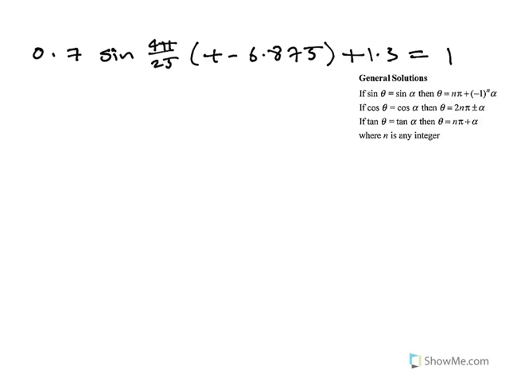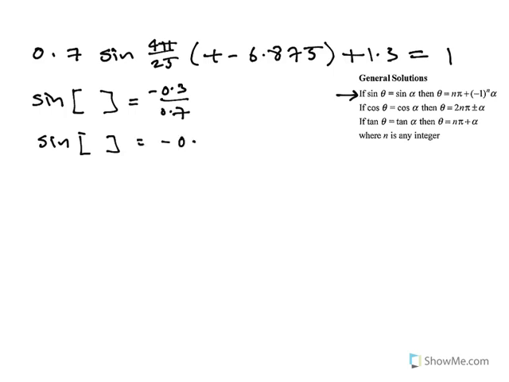And here is the sine formula we're going to be using. So the sine of all that chunk is equal to negative 0.3 over 0.7, which equals negative 0.42857.